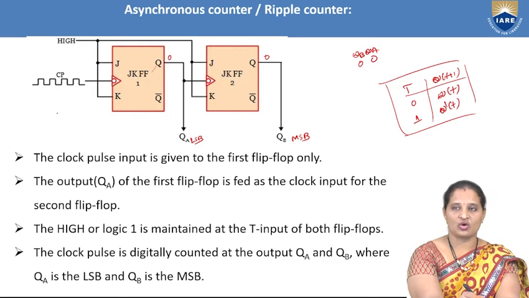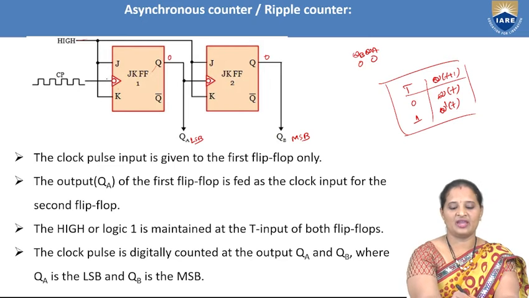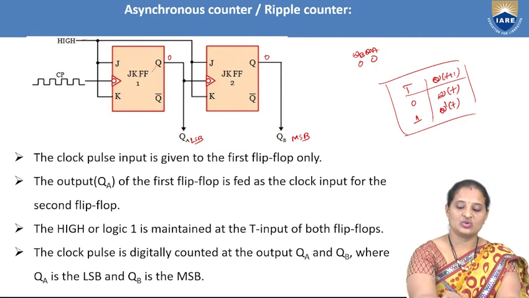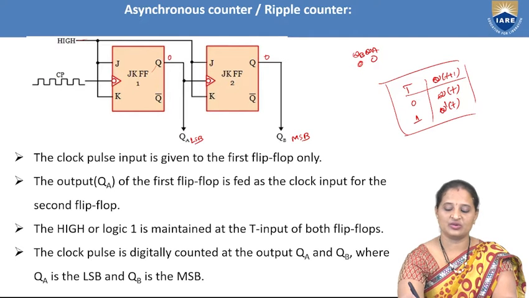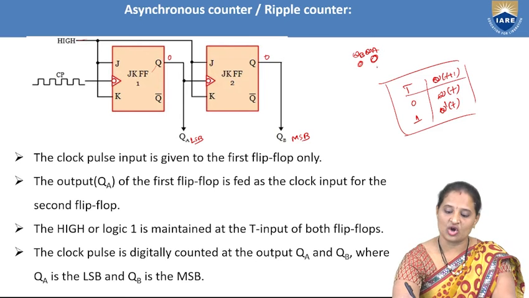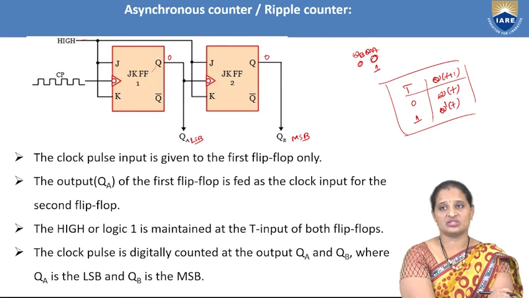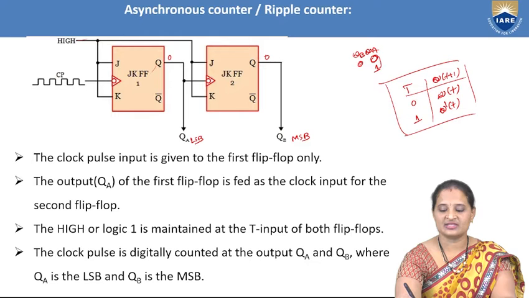Now I am applying the clock pulse. As my inputs J and K are connected to high, the output is the complement of the present state. Now the present state is 0. So what happens? The output of the first flip-flop is toggled, which equals 1 because it is the complement of the present state. Now we have a transition here.